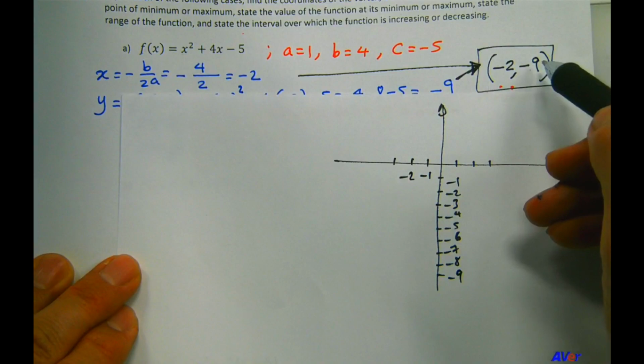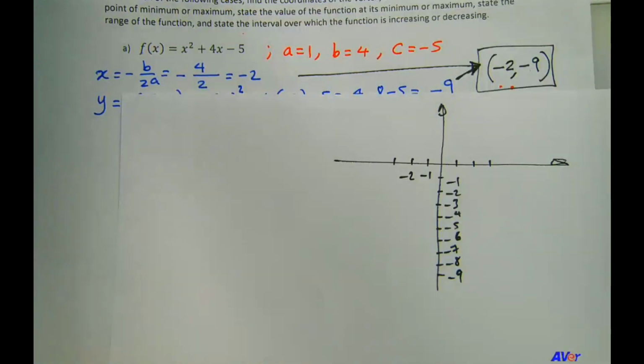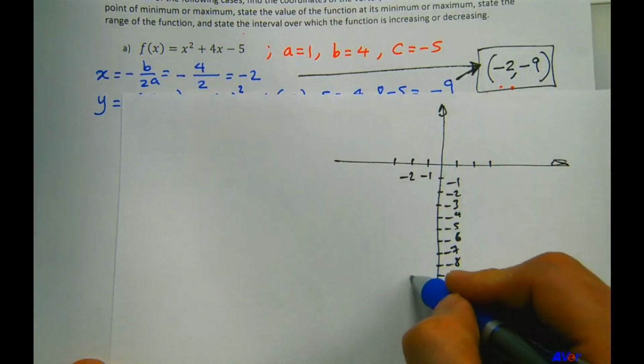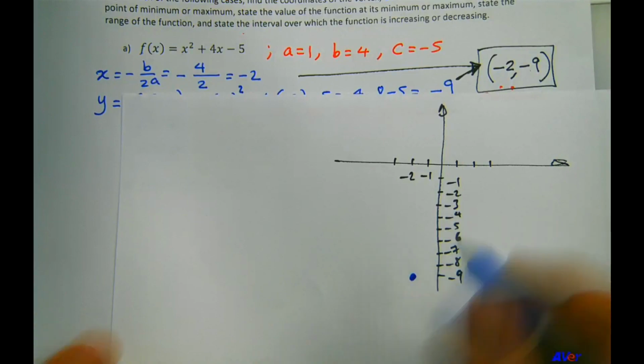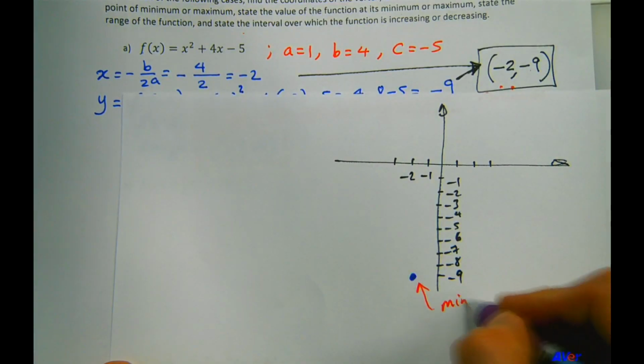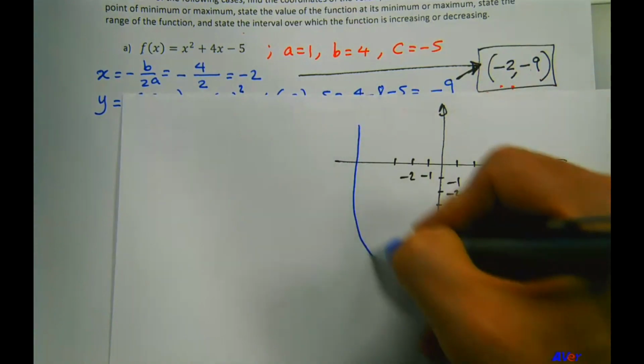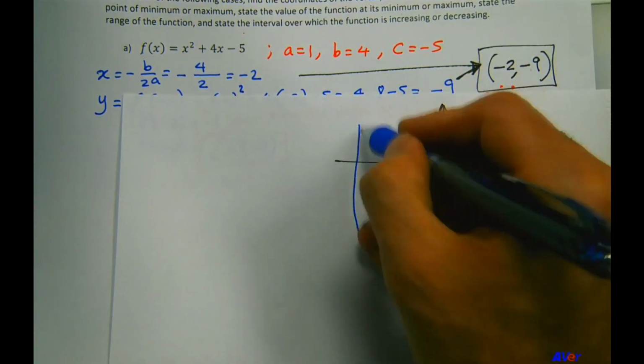that point is located at -2 comma -9, right there. And we know this graph, this is a point of minimum. We know that. So this means the graph must come like this and go like that, right?